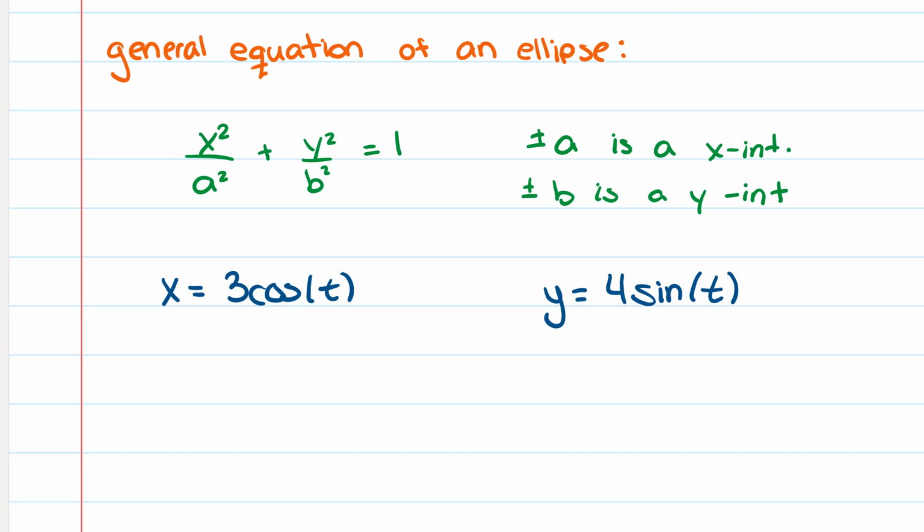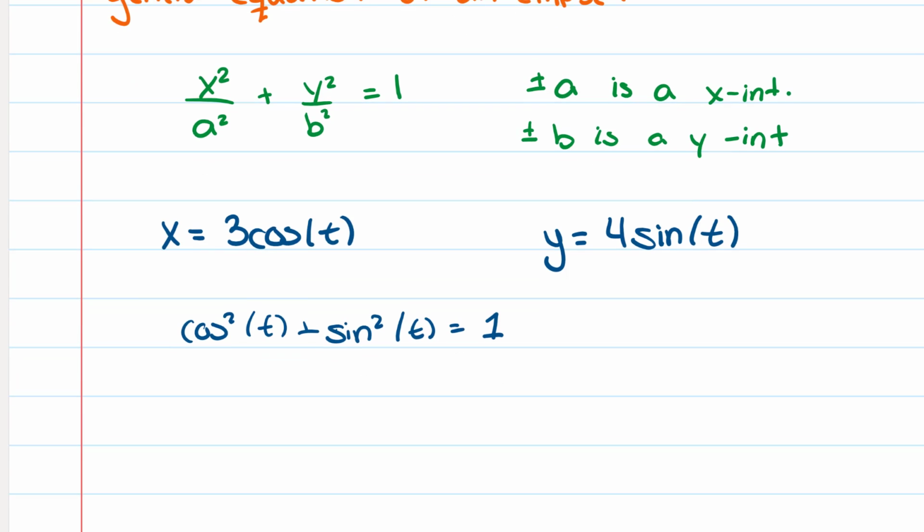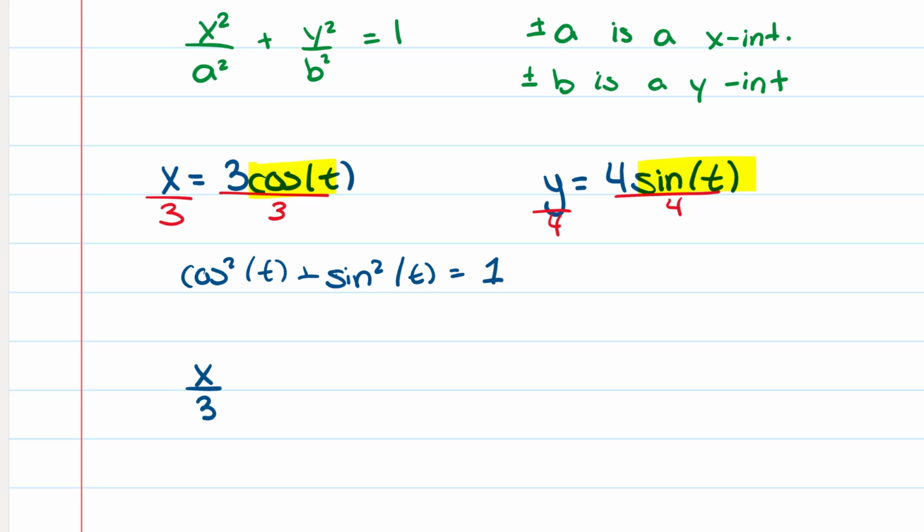Well, again, my goal is to get rid of the cosine and the sine. So I know that cosine squared plus sine squared is equal to 1. So if I divide both sides by 3 and divide both sides by 4 here, I can get the cosine by itself and I can get the sine by itself. So then I have x over 3 is equal to cosine, but I want cosine squared, so I'm just going to square both sides.